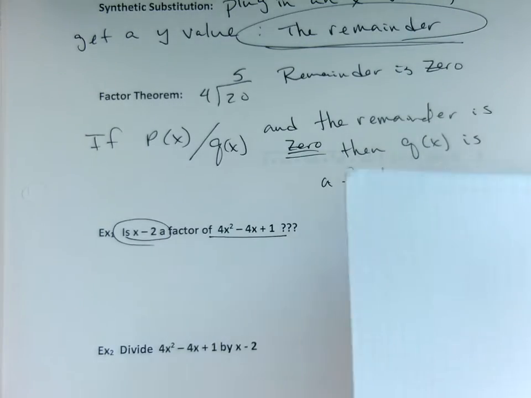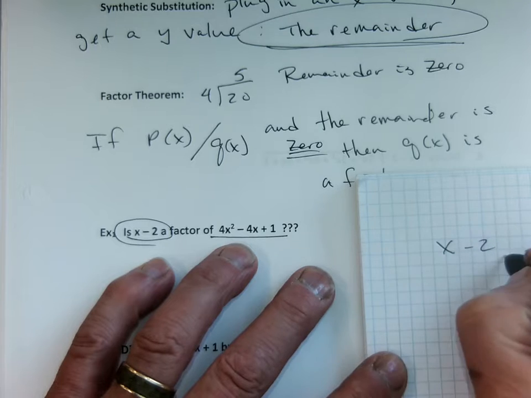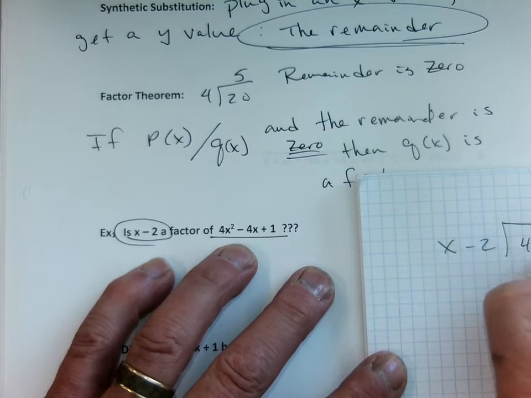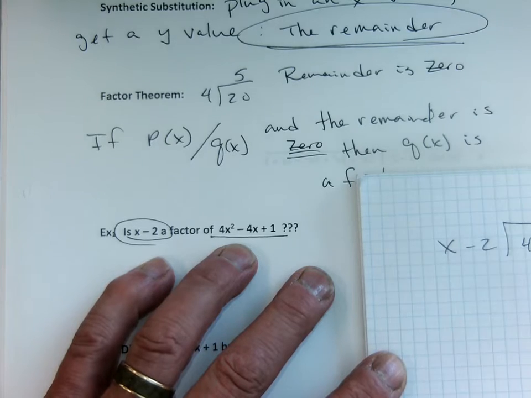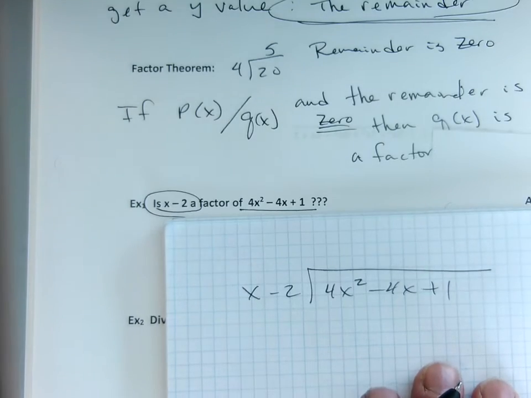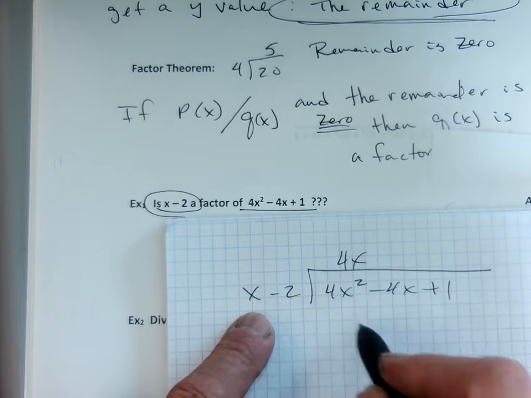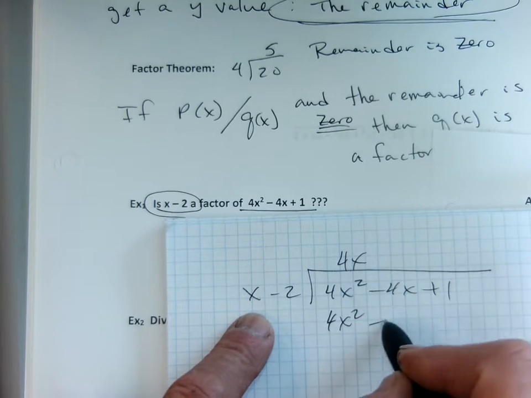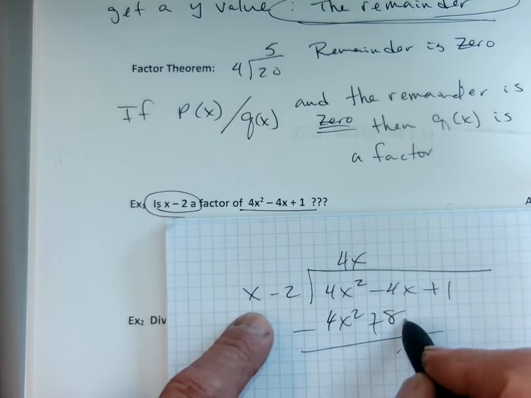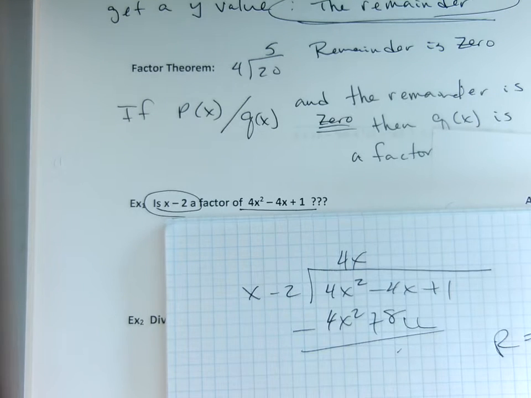One, I could divide x minus 2 into 4x squared minus 4x plus 1 and look for my remainder. I'm not going to do this. It's the long way. x goes into 4x squared 4x times, minus 8x, subtract, and so on. If I get a remainder of 0, it's a factor. This is the hard way to do it.